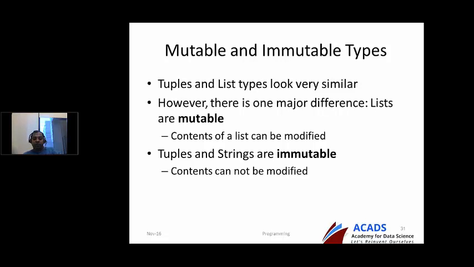These are the two major scenarios. One, if you want a function to modify the data or the object, you have to use a list. If you don't want a function to modify your object, then it's better to pass a tuple.